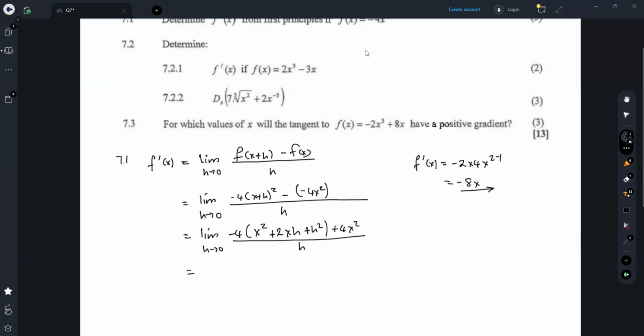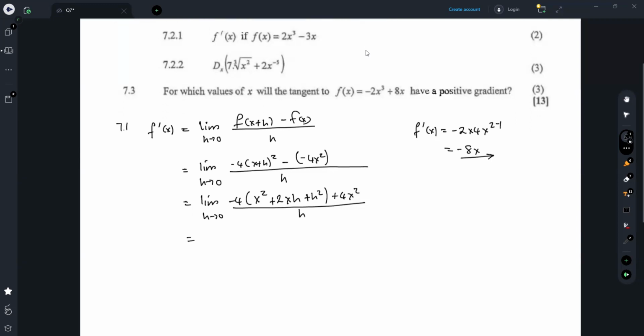Like in this case, if I have a negative here and I just wrote the negative 4x squared, thinking that this negative also belongs to this 4x squared here, I would have written just one negative, then here I would have a negative and here I would also have a negative. But if the terms do not have h, we know that they should disappear, isn't it? So now in this case, we should see that happening.